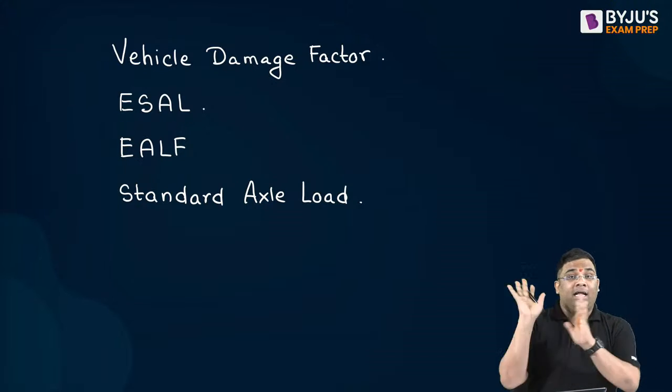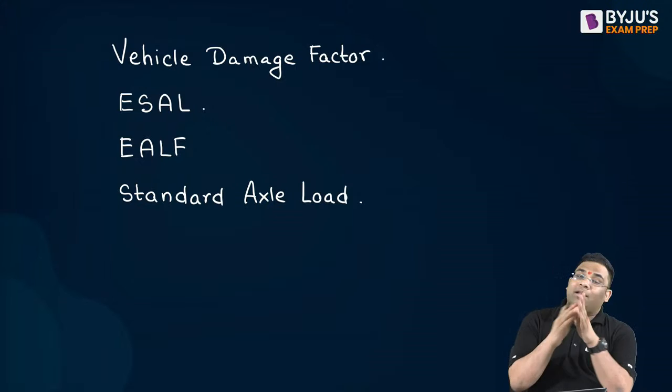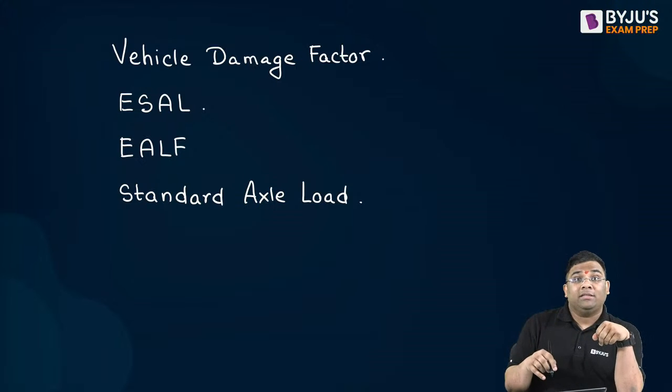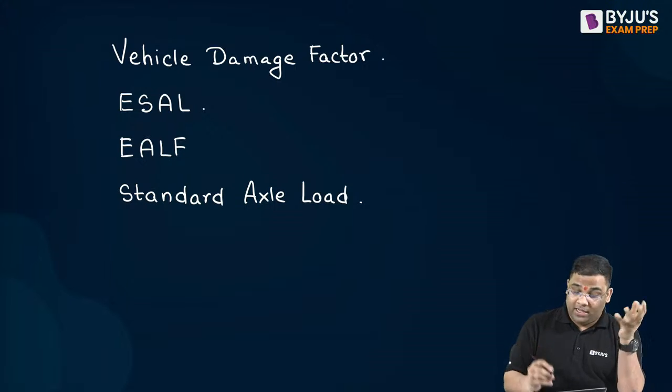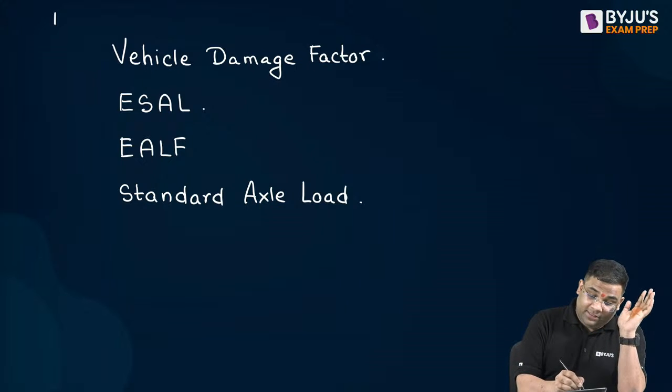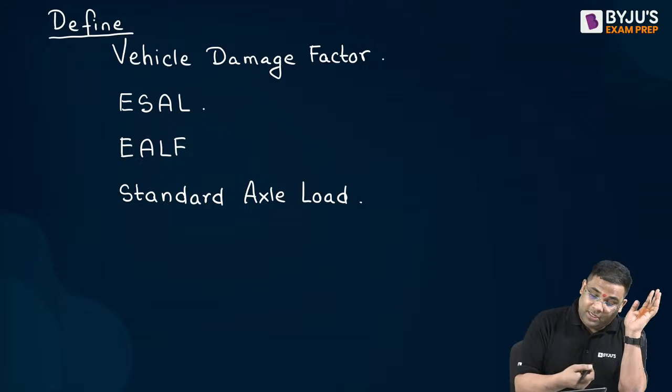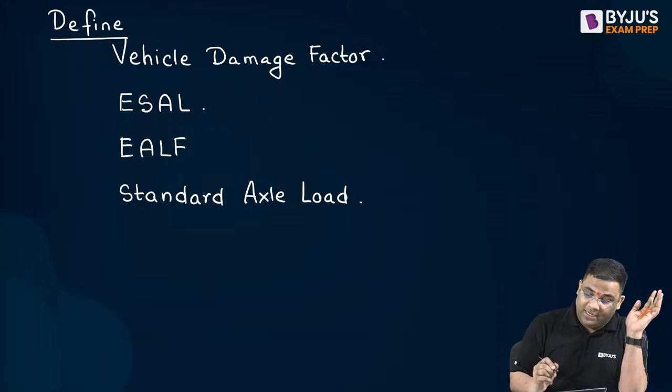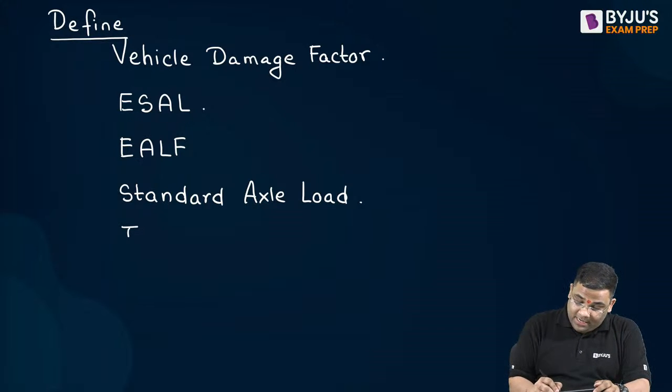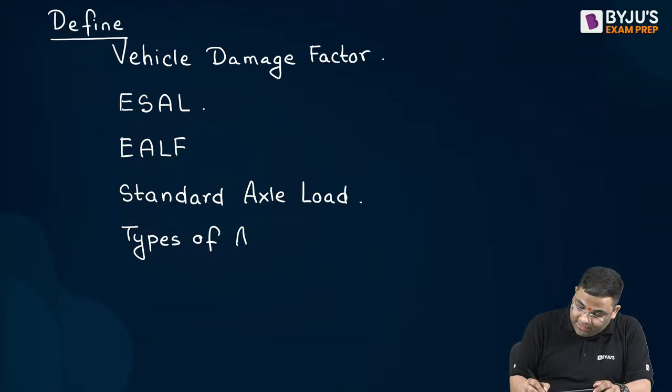Session is over, ghar gaya, so gaya. Nahi. If you revise, then only you can excel. So first define all these terms: vehicle damage factor, standard axle load, and then types of axle. All these are homework.